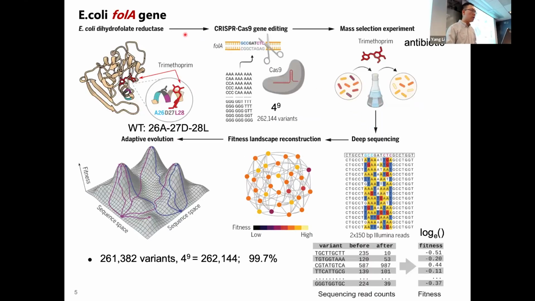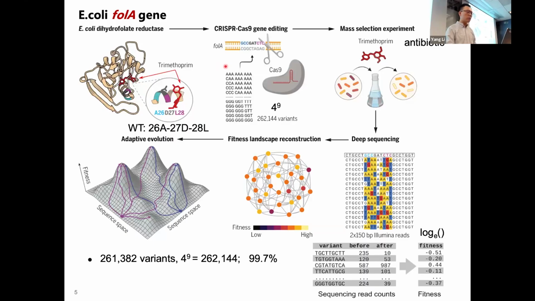So let's take the E. coli folA gene for example. Here is E. coli dihydrofolate reductase. This gene has one domain. It combines 3 important amino acid sites, and because there are 3 amino acid sites, it corresponds to 9 nucleotides.